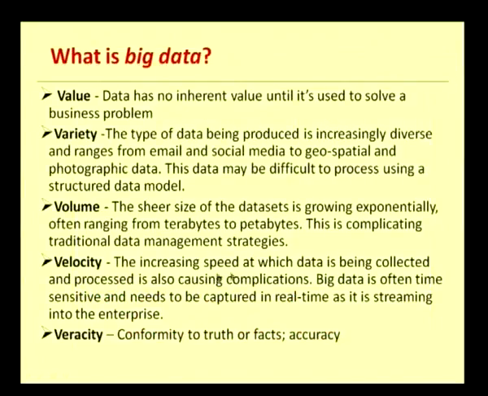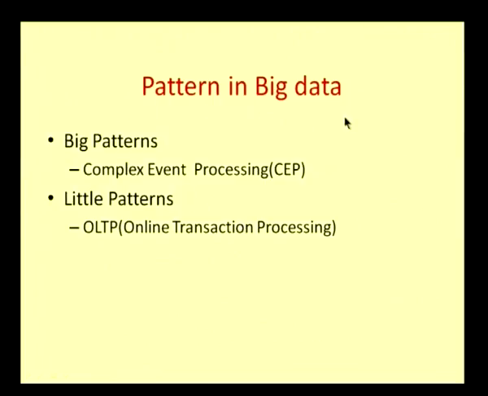So, the definitions, all those things we have, and there are two types of patterns in big data. When you want to process big data, you have big patterns as well as little patterns. The big pattern is called complex event processing, that is CEP, and the other one is little patterns, that is online transaction processing. We use both.